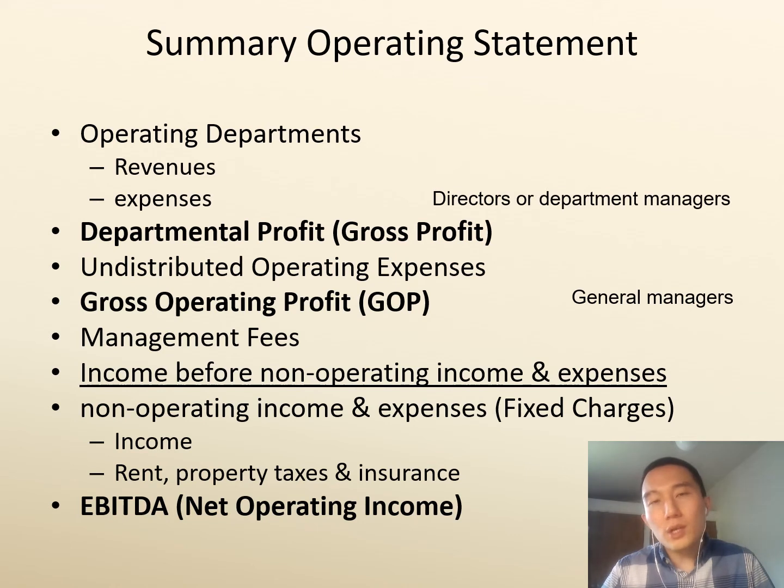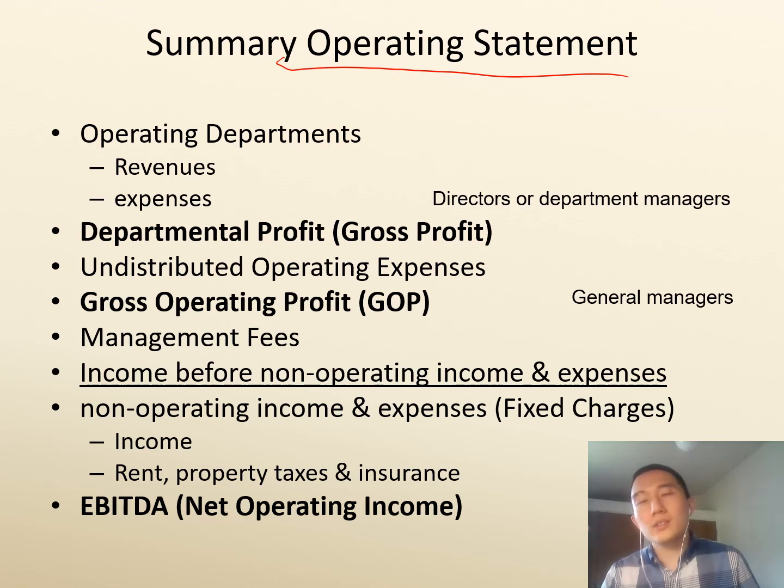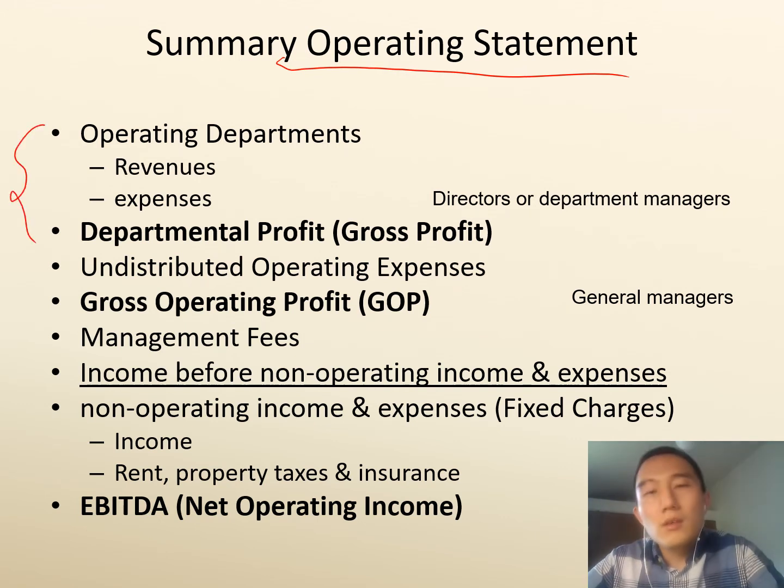This is the basic structure of a summary operating statement. As we can tell from the topic, this statement heavily focuses on the operating activities. That's why it is called the summary operating statement. In the first part of the statement, we focus on the performance of each operating department, or in other words, the performance at the operating department level.